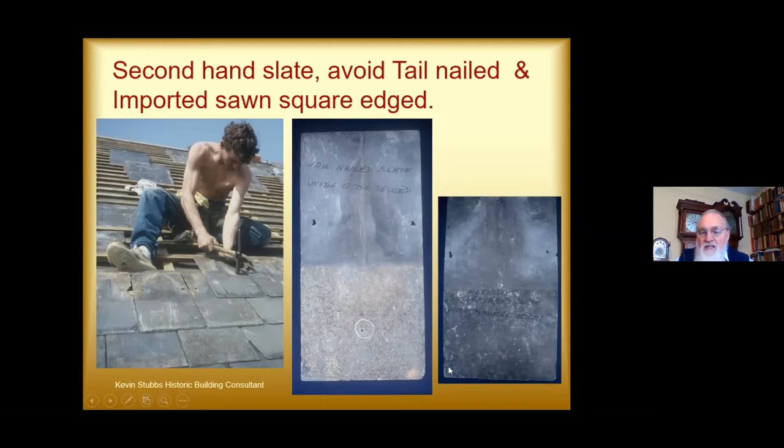They weren't dressed, and so again, one's likely to get capillary action. So be very, very cautious about reusing second-hand slate. You have to really have a good slater who can select the material carefully.